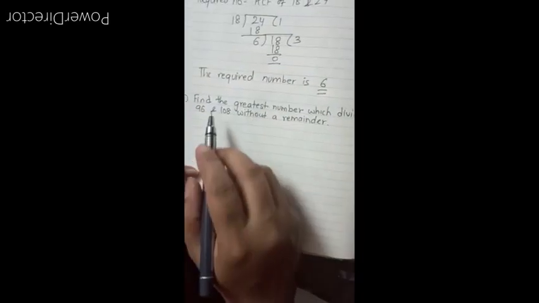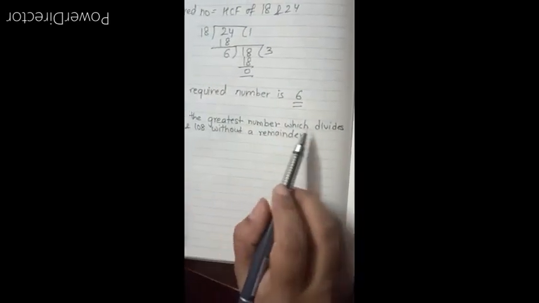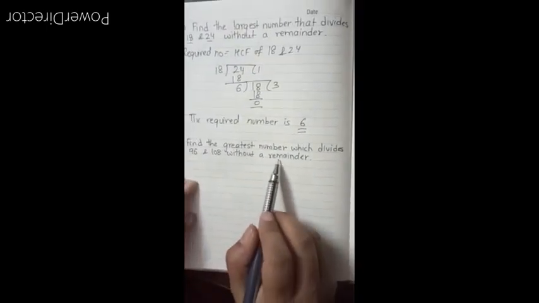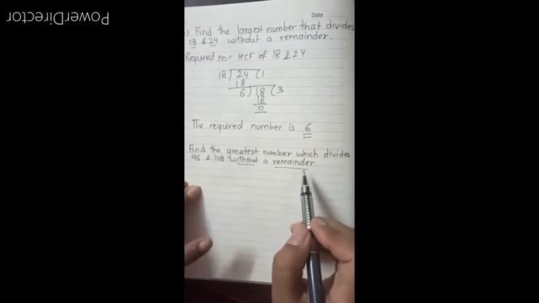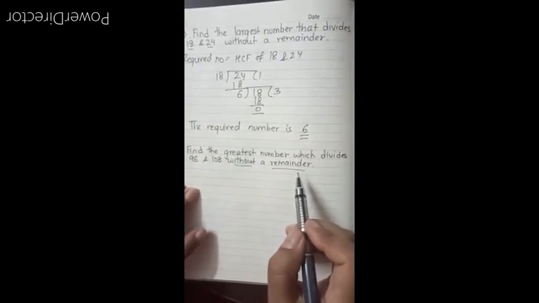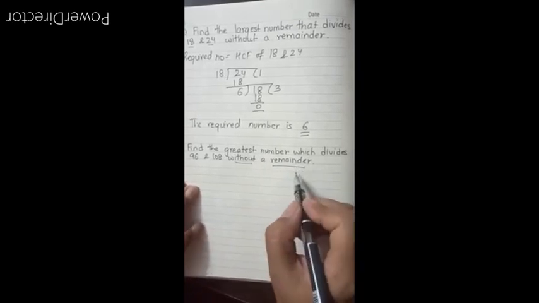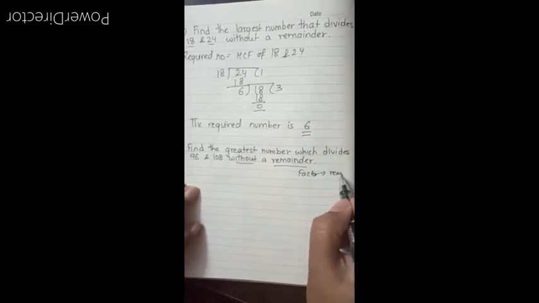Followed? Similarly, we have this problem: find the greatest number which divides 96 and 108 without a remainder. Without a remainder means it has to be a factor, because when we divide a number by a factor, we get remainder 0.